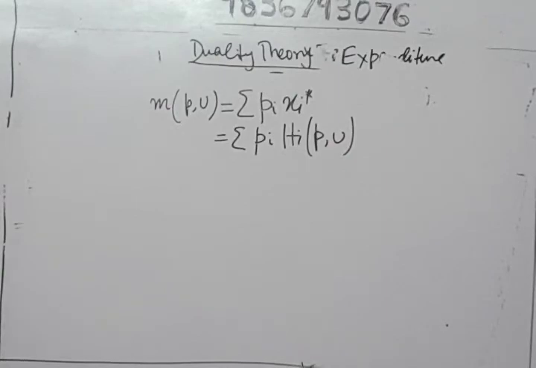So we can see that this expenditure function is a function of p and u, and it is monotonically increasing.